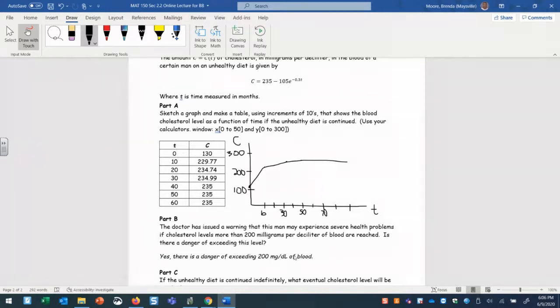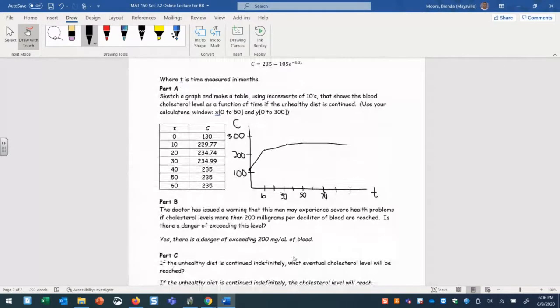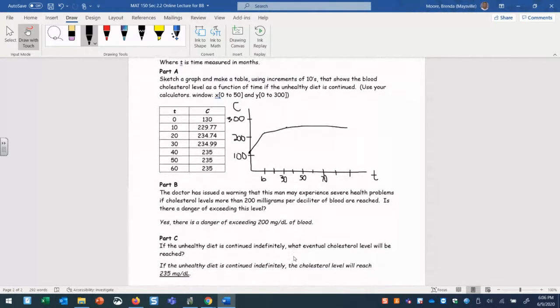Part C. If the unhealthy diet is continued indefinitely, what actual cholesterol level will be reached? We know that's the limited value of 235 milligrams per deciliter.